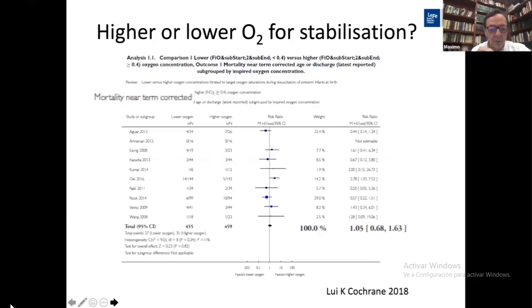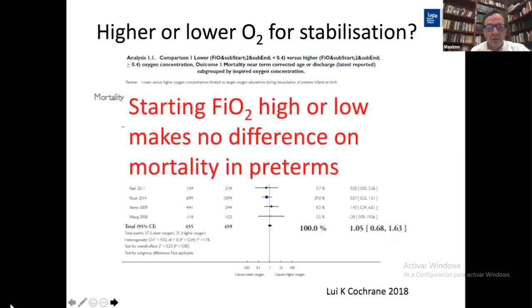So independently of the initial FiO2, high or low, the mortality was similar. Starting with FiO2 high or low makes no difference on mortality in preterm infants.